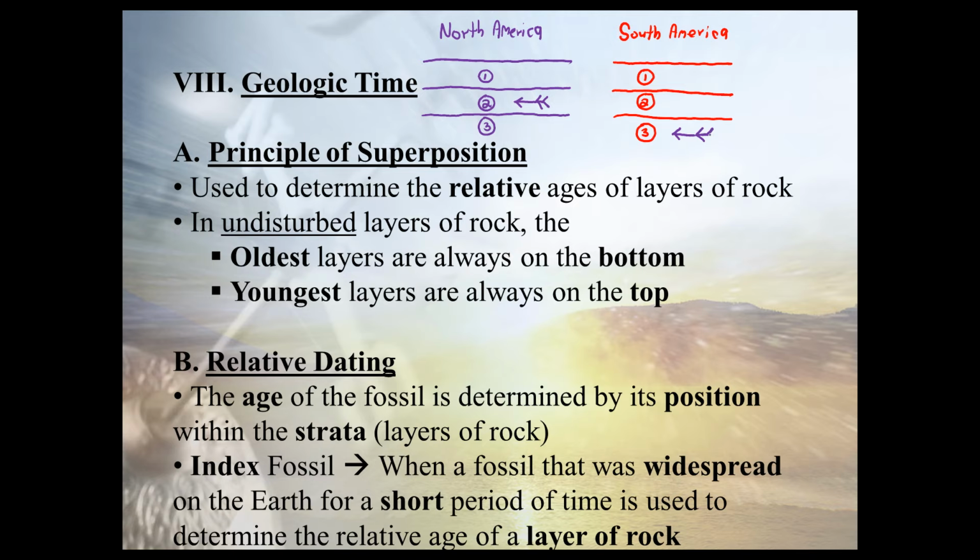Okay, so I dig up a bunch of rock in North America, and I find this index fossil in rock layer 2. In South America, I dig up a bunch of rock, and I find this index fossil in rock layer number 3. Now, an index fossil only existed for a very short period of time.